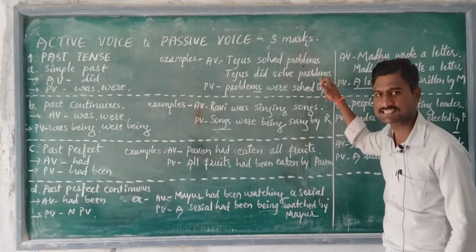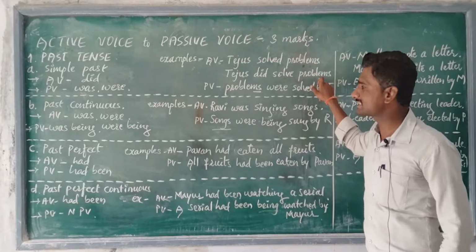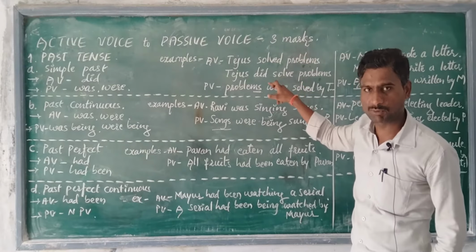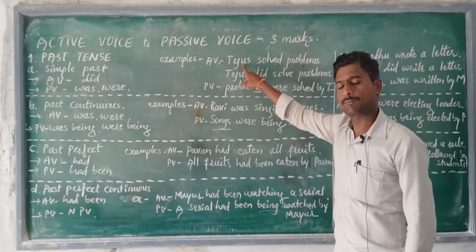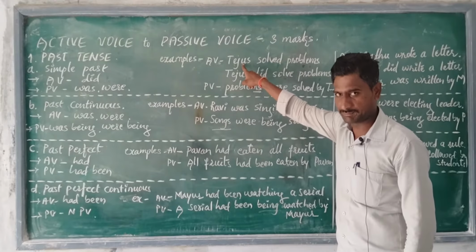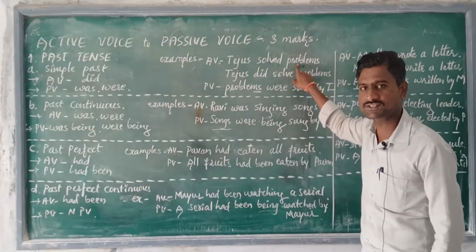Both sentences are the same. If you have a question why I wrote two sentences on the board, this is the common usage by all people. Remember, Tejas solved problems is the common statement.